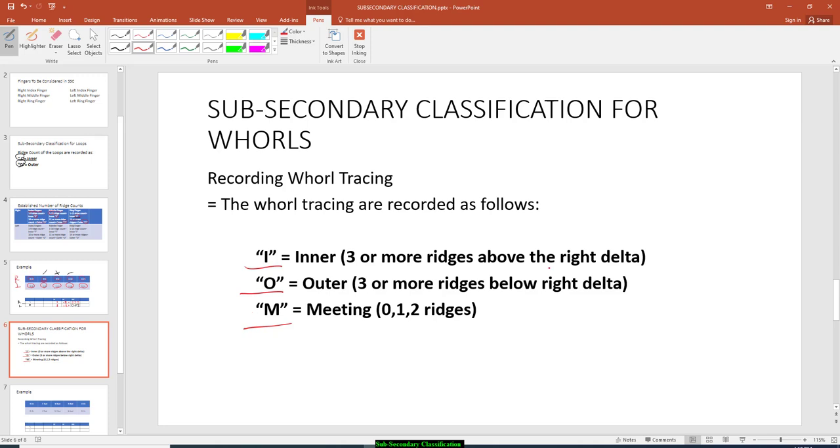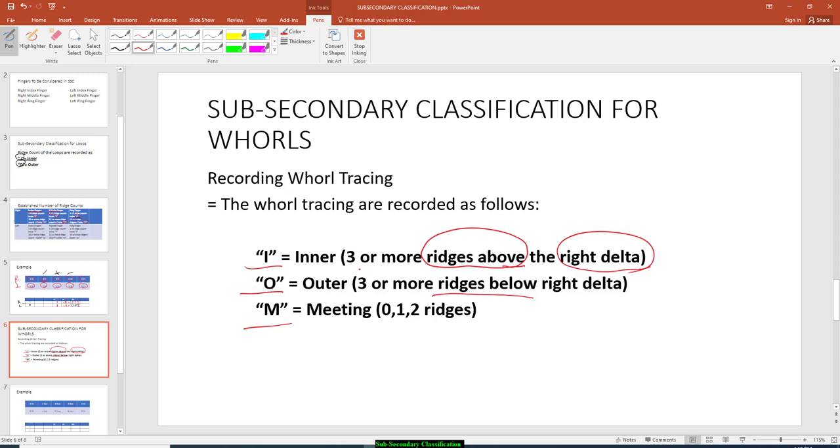Now, it is important also to determine the right delta, whether the ridges are found above or found below right delta. Okay? And here, if the ridges are 2, 1, or no ridges at all, or 0, it will be meeting.